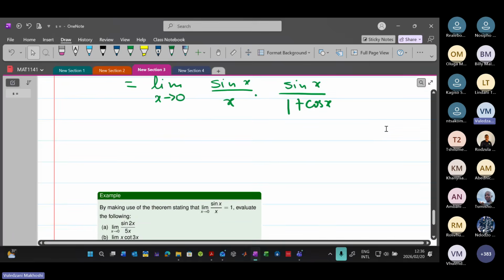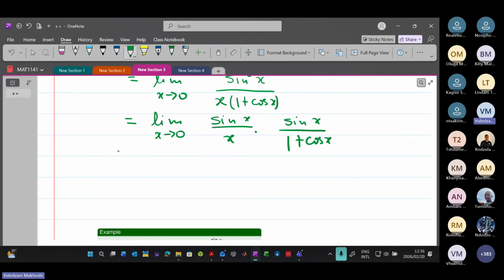According to the limit laws, we have the limit as x approaches 0 of sine x over x multiplied by the limit as x approaches 0 of sine x over 1 plus cos x.